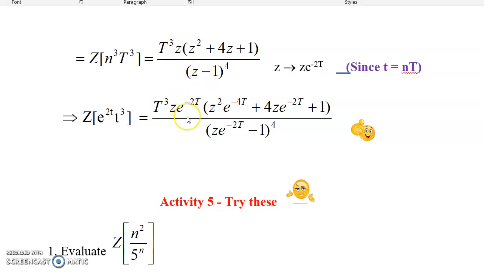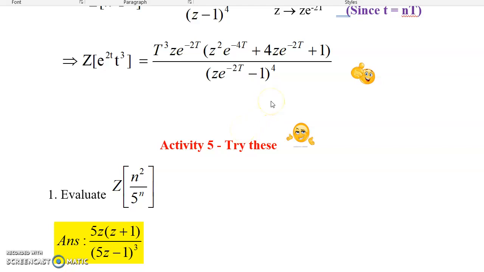So here this z is z e power minus 2T, and z squared will become, when you square this, z squared e power minus 4T. And this z is z e power minus 2T, and this z is z e power minus 2T, minus 1 whole power 4. That's it. Just in the place of z, we have to put z e power minus 2T. So this is going to be the final answer for this z transform.